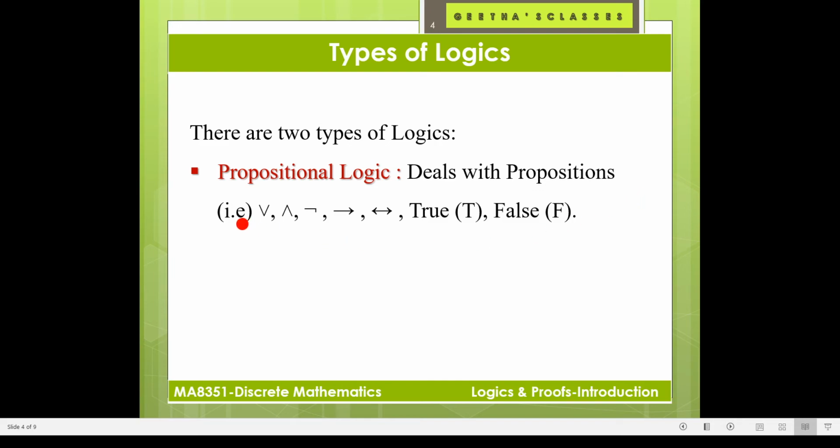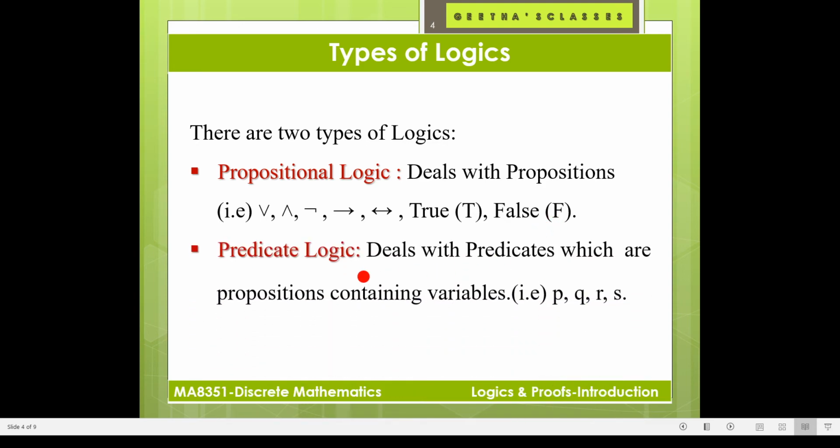Here the propositions use connectives: this symbol is or, this symbol is and, this symbol is negation, this symbol is implies, this is if and only if, along with true and false. You can use any one of the connectives. So it deals with propositions. That is propositional logic.